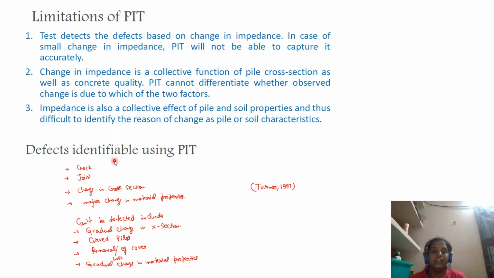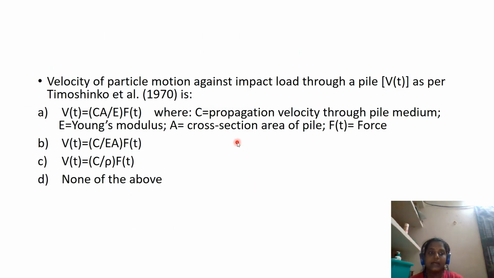So, defects identifiable using our pile integrity test: we can find cracks, if there is any joint, change in cross section, major change in material properties, and as I said, we won't be able to detect curved piles, and removal or loss of material, etc.